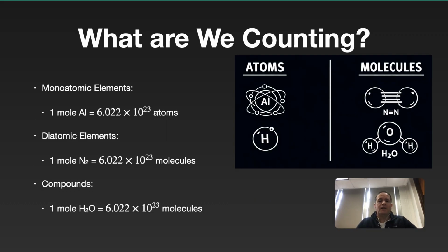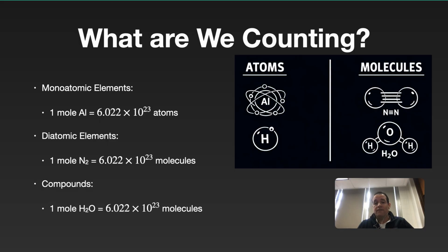So what are we counting, you might ask? We have to be careful about it. For an element like aluminum, 1 mole equals Avogadro's number of atoms, because aluminum is an atom. And don't forget your Brinkelhoff elements like nitrogen, which is included. It's diatomic.